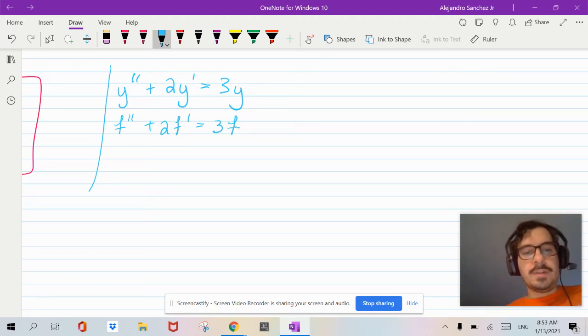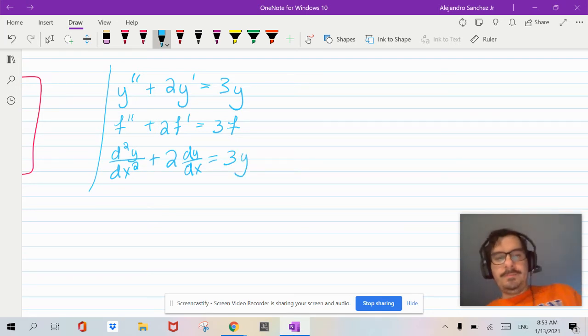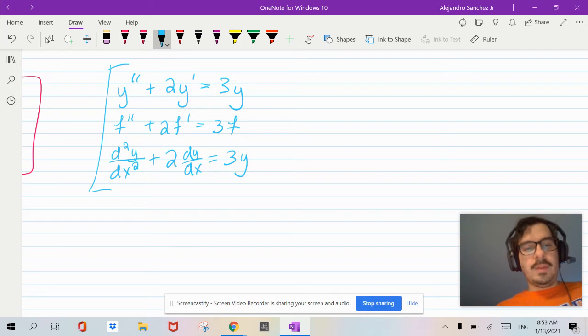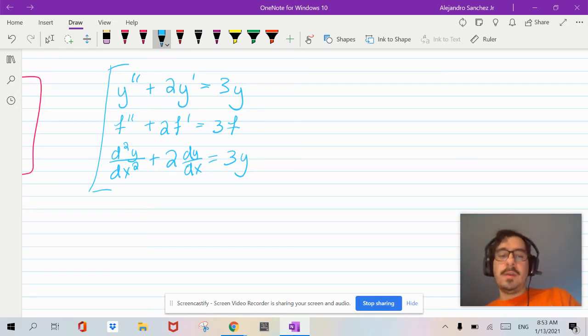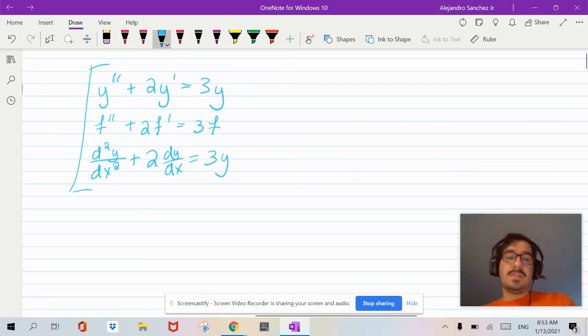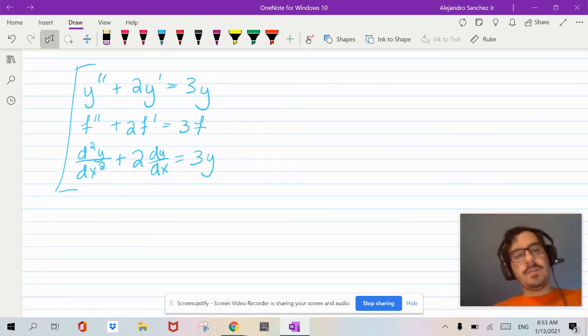And if I were using Leibniz notation, it would be the second derivative with respect to x plus 2 times the first derivative with respect to x equals 3y. Just recalling, these are all equivalent. These are all ways that it can appear to us in the book, or appear to us as a question, to solve this differential equation.